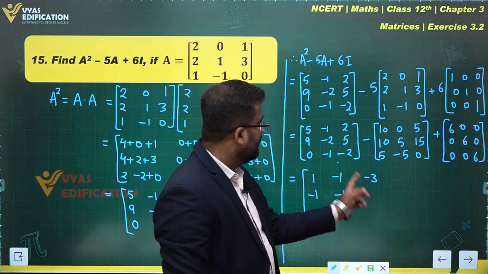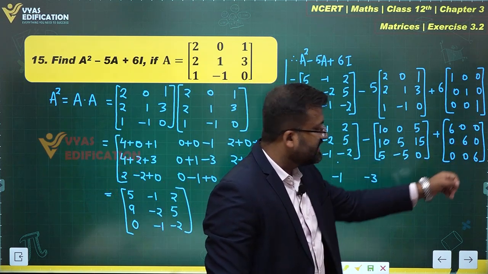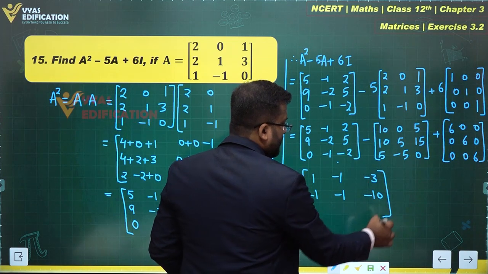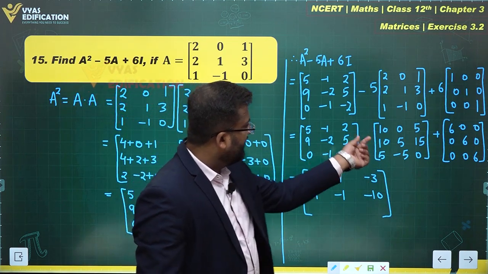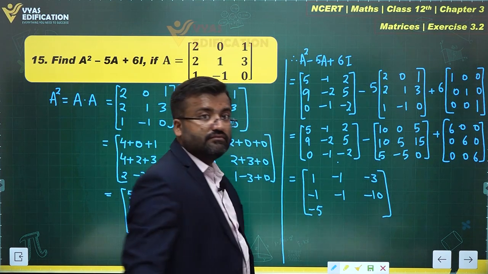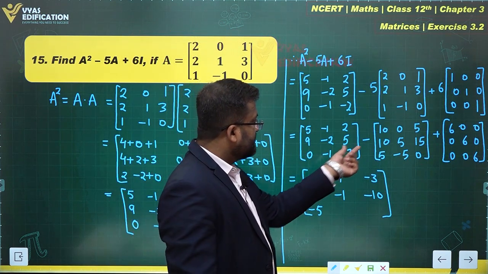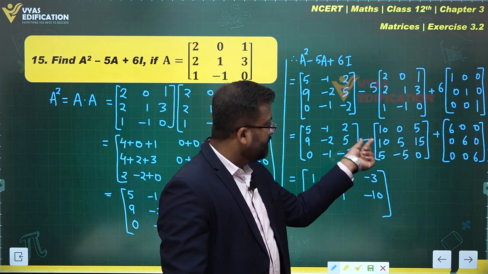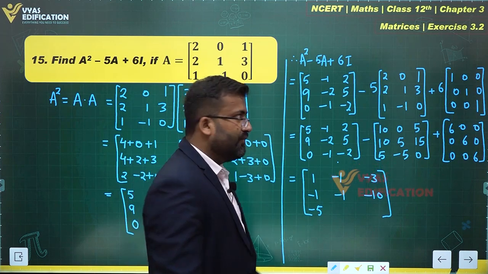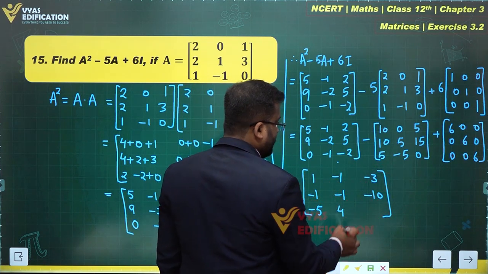What about this element over here? This is 5 minus 15 plus 0. 5 minus 15 is minus 10. What about the third row? 0 minus 5 is minus 5 plus 0. What next? Minus 1 minus of minus 5, minus 1 plus 5 plus 0, would be plus 4.